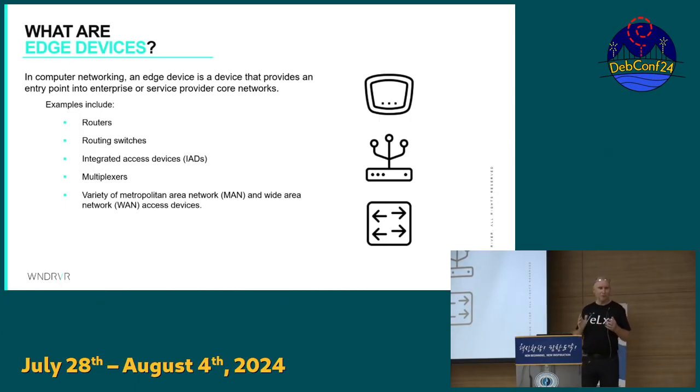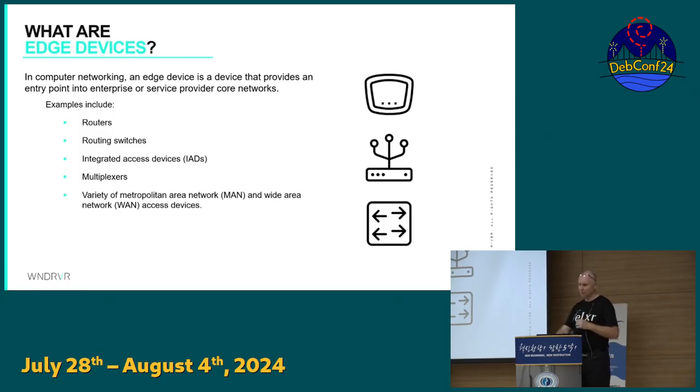So just let me go quickly into what edge devices are, because I'm not sure if everybody here has worked with edge devices and embedded. But if you quickly Google for edge devices, you'll typically wind up finding results related to networking equipment. So in networking, routers, switches, multiplexers are often seen as edge devices.